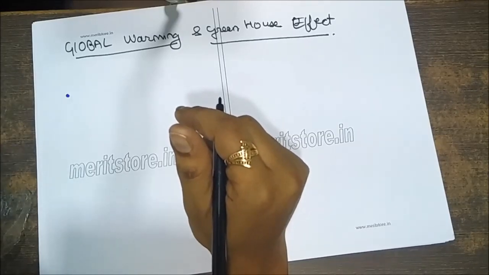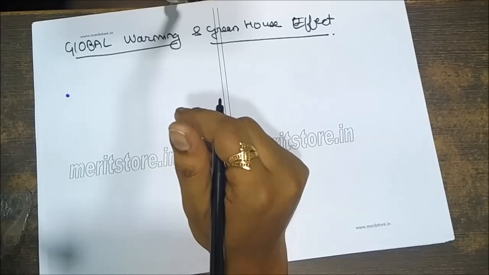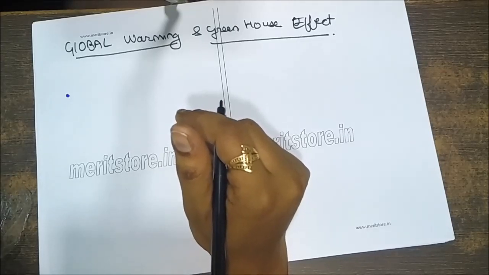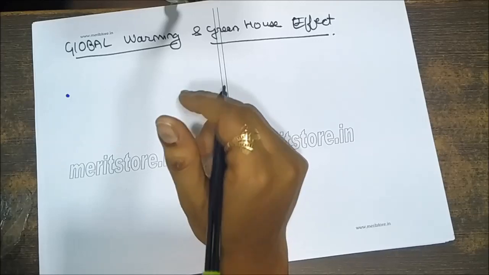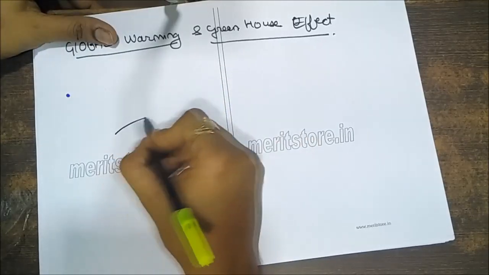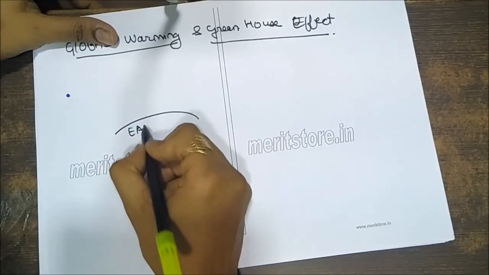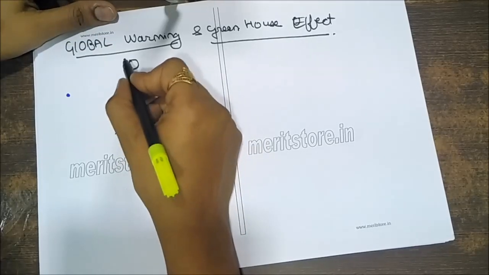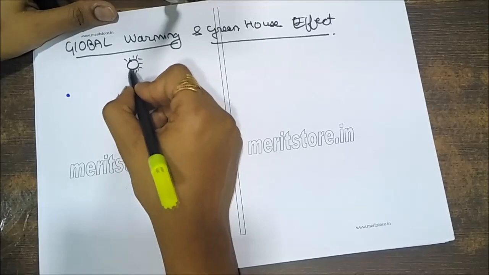Now see, earth has a protective layer of ozone. Okay, now this ozone prevents the harmful UV radiations from entering into the earth. Now when sunlight, so let's say this is earth. Here there is sun. Alright.